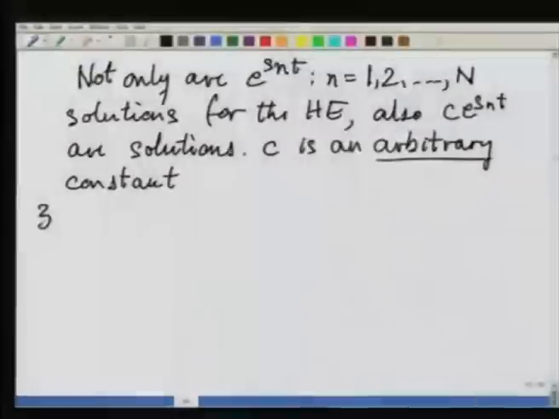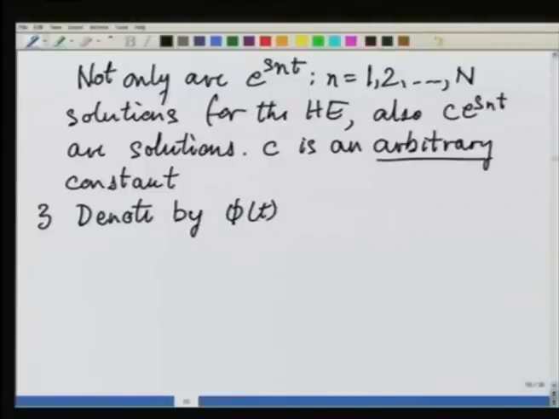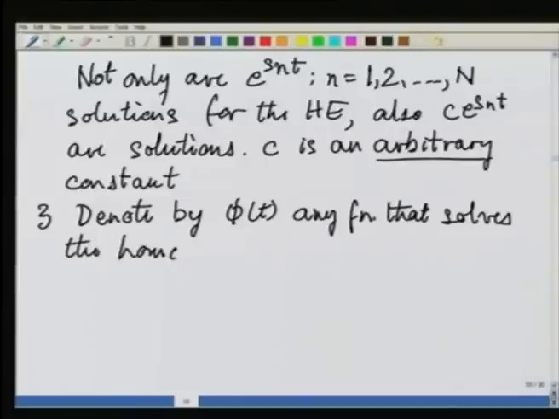In order to say this, I will first denote by phi(t) any function that solves the homogeneous differential equation. So, we already know that there are a multitude of these phi(t)'s.